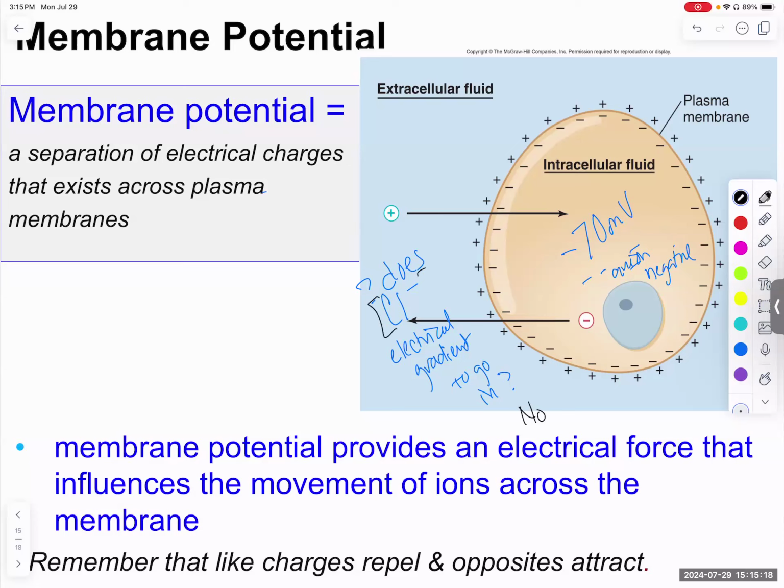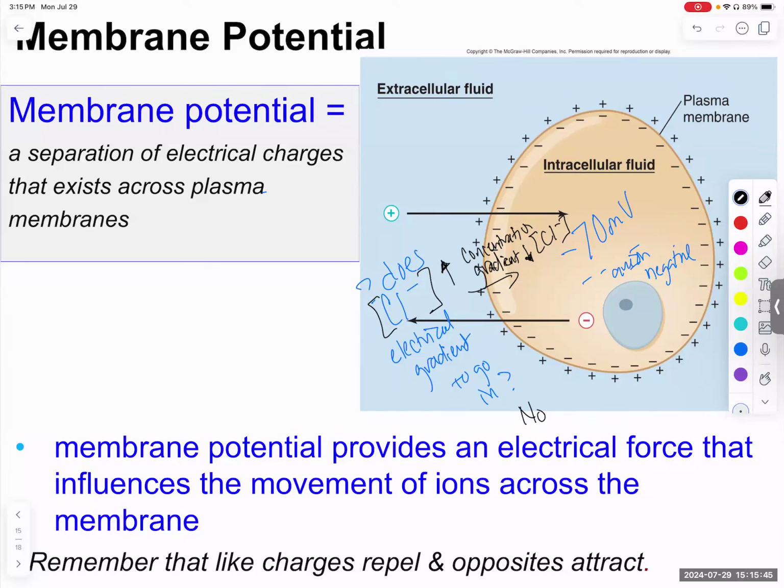But the concentration gradient is really high for chloride outside the cell and really low for chloride inside the cell. So it does have a concentration gradient to go in. But one of those forces has to be bigger than the other, or chloride's not moving.